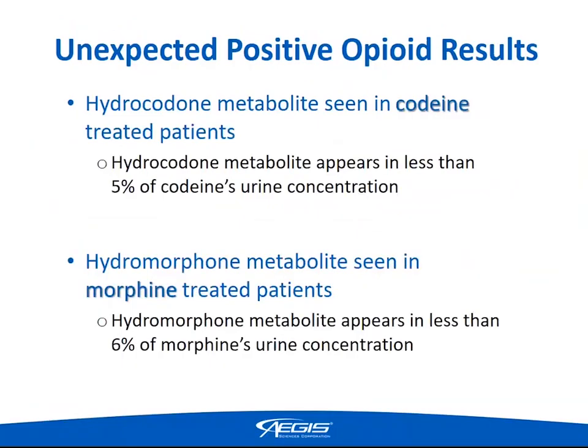So when using definitive testing, which minimizes the risk of false positives, you may still see unexpected positive results from minor metabolism of opioids. The presence and concentration of minor metabolites, hydrocodone as a metabolite of codeine and hydromorphone as a metabolite of morphine, are relatively low. Let's look at a few examples.